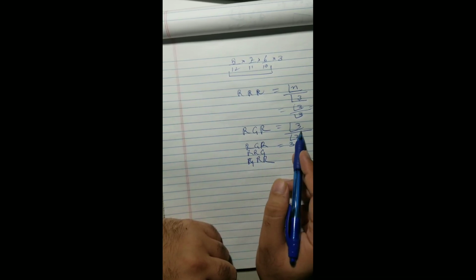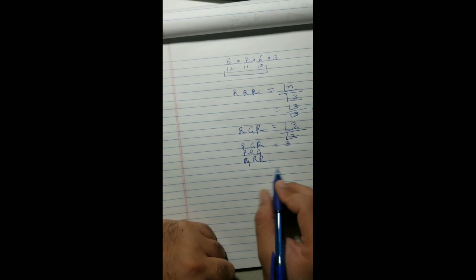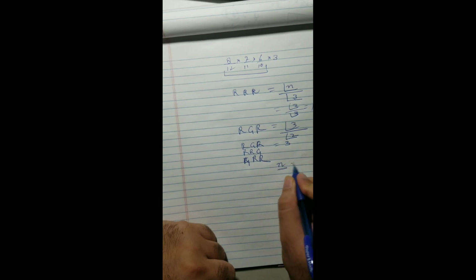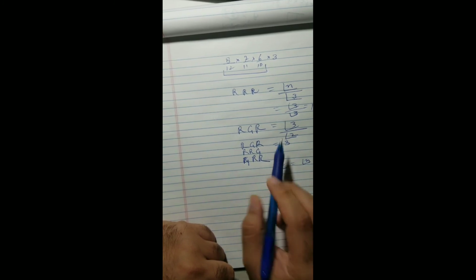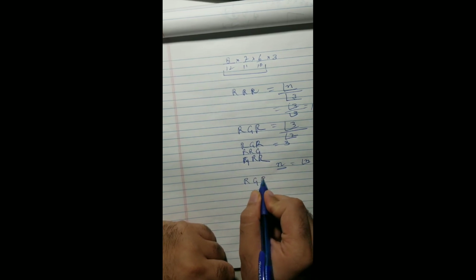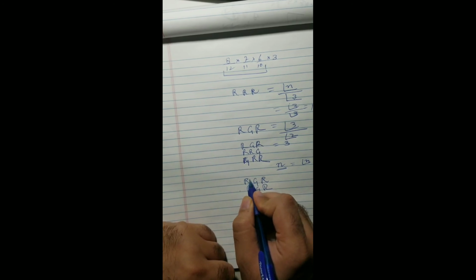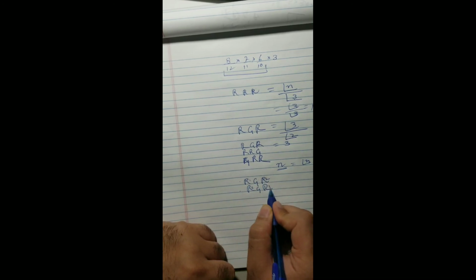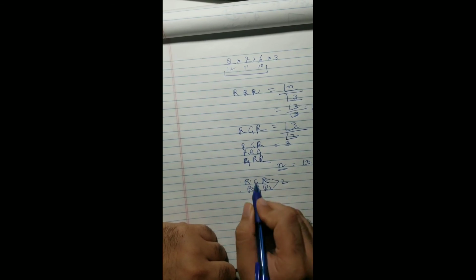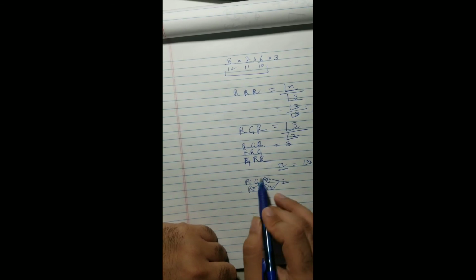You should all know that the ways in which n items can be arranged is factorial n. Now factorial 3 is 6. RGR would be R1 and R2 and R2 and R1, and it is going to treat these two as different. But in actual, we are not differentiating because order doesn't matter. So that is why it's 3.